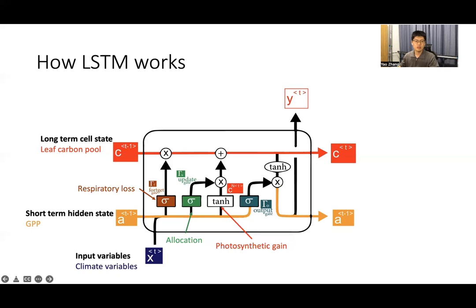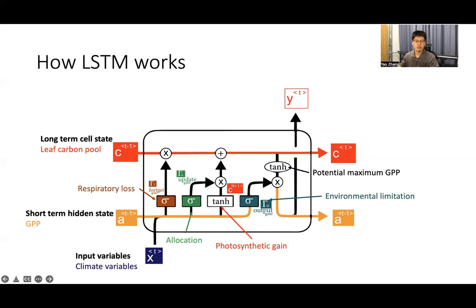With this updated cell state, we can predict a potential maximum GPP. And the input variables and the hidden states will also be used to get the output gates, which represent the environmental limitation on the maximum GPP, so that these two will be used to predict the actual GPP as the new hidden states.